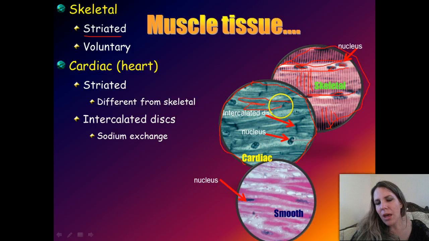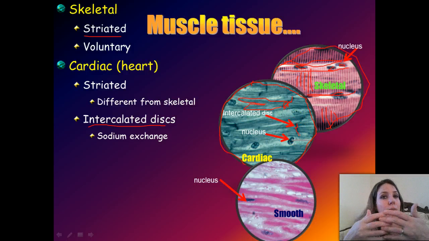But what's cool is that between each of the cells are these little bands, and they're called intercalated discs. Okay, intercalated discs. These things are amazing because remember how we talked about how cells are really close together in epithelium? Well, in cardiac tissue as well.